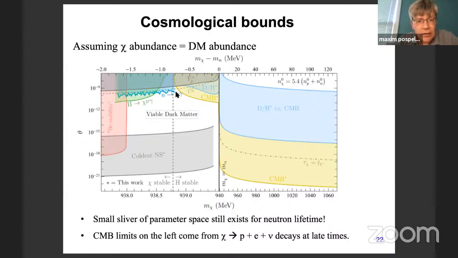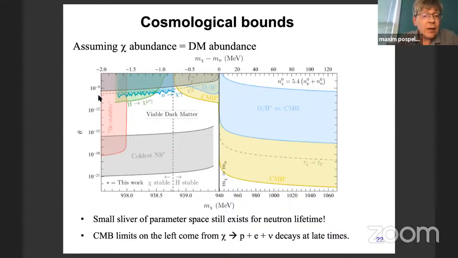So we get constraints from various things such as nuclear stability, beryllium-9 stability, direct laboratory constraints, excess deuteron, and also from chi decaying at later times to electron, proton, and a neutrino, where electrons carry some energy, so they lead to a generation of extra ionization during the CMB, which is a well understood process and used in many places in particle physics as a constraint.